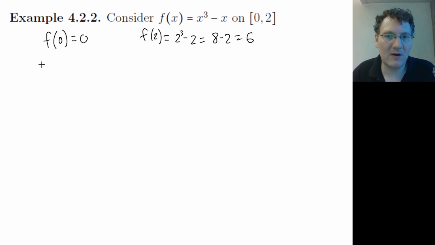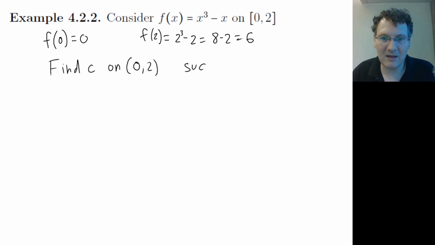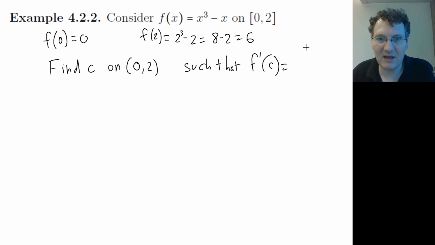Okay, so we want to find some c on the interval from 0 to 2 such that f prime of c is equal to the average rate of change, which is the change in height going from 0 to 2, so 6 minus 0 over 2 minus 0. So that's a slope of 3.